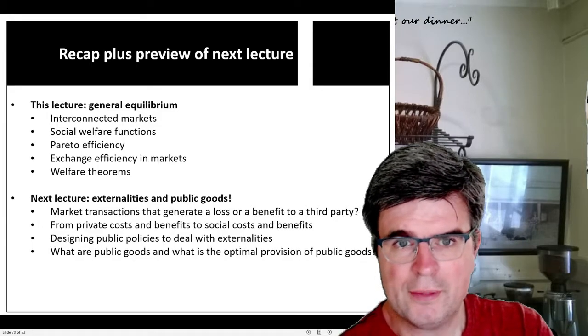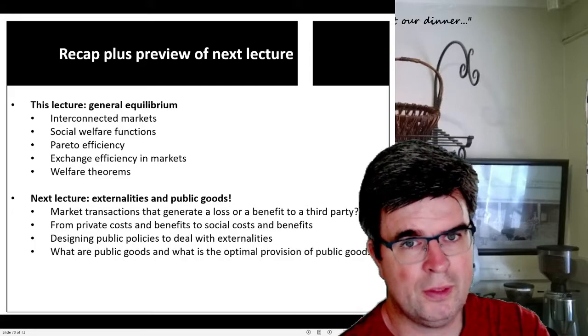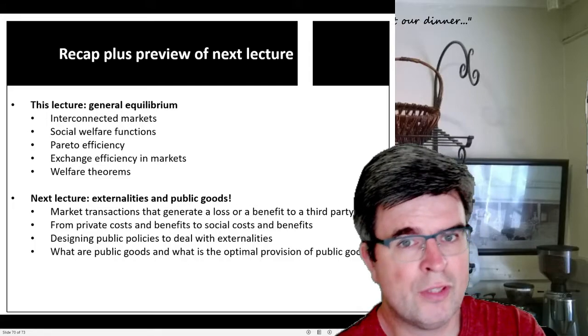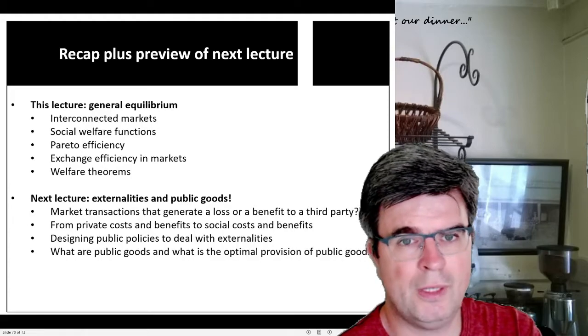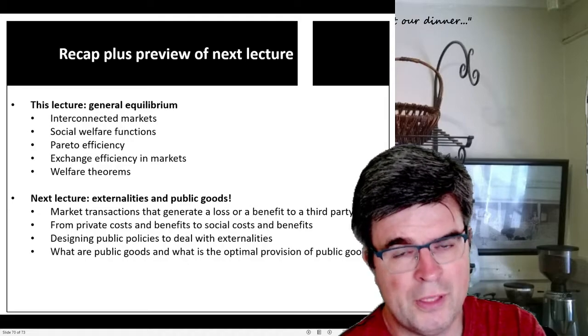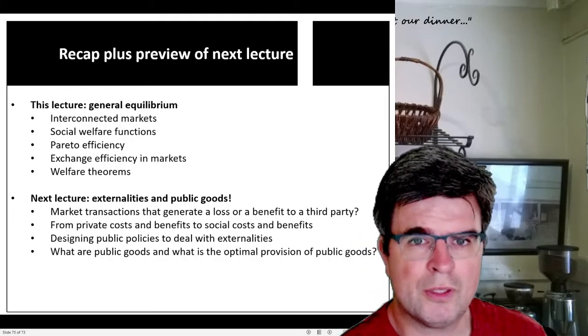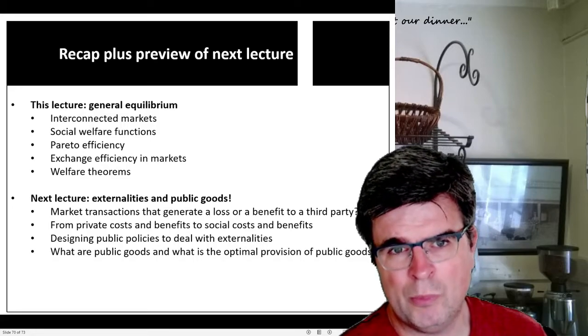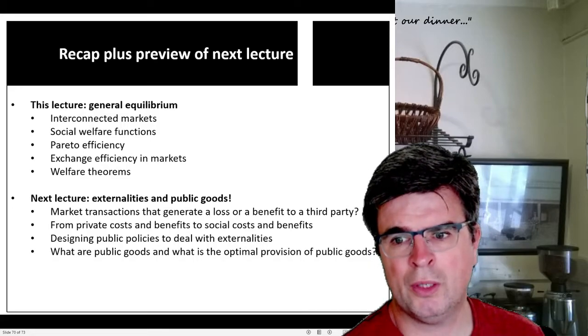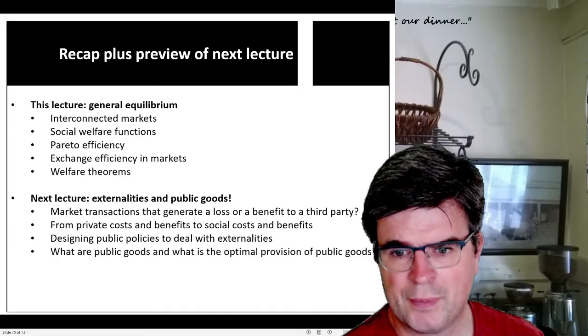So what we did in this lecture is we looked at general equilibrium. So we brought the connectedness of different markets into the picture. We looked at social welfare functions and social Pareto efficiency, bringing us close to studying, okay, what is optimal, what is the outcome that we actually want, that society would want, and we introduced the welfare theorems.